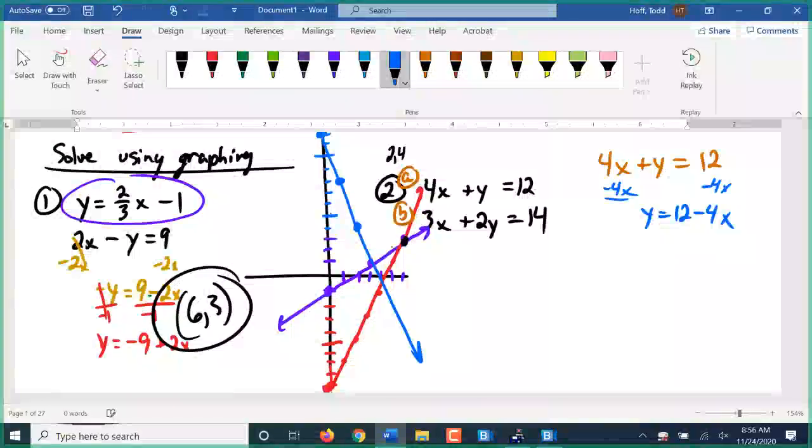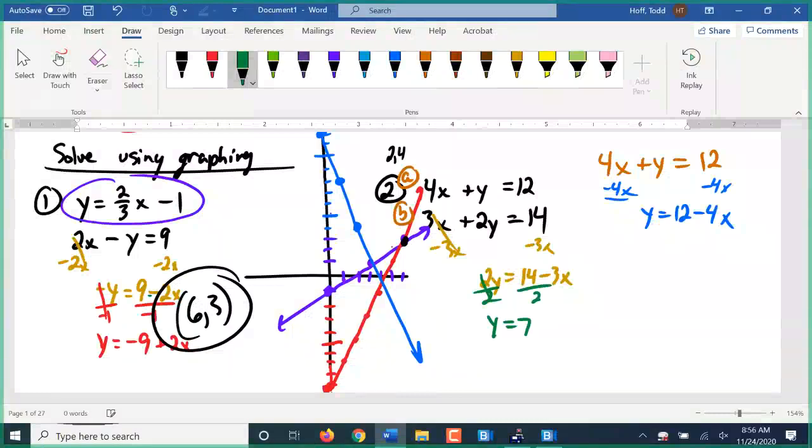Second one here, we're going to have to work a little bit harder. We have to subtract 3x. We get 2y equals 14 minus 3x. And we'll divide by 2. Y equals 7. Negative 3x divided by 2 is a negative 3 halves x. So we start at positive 7, which is right here.